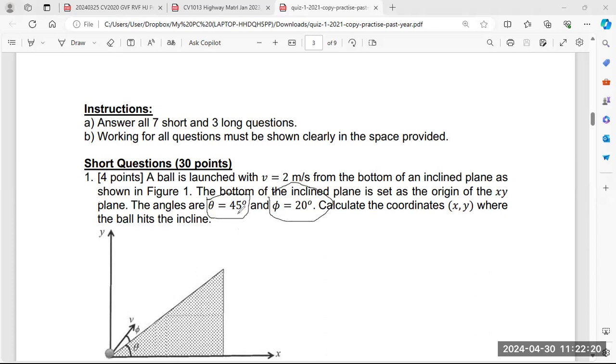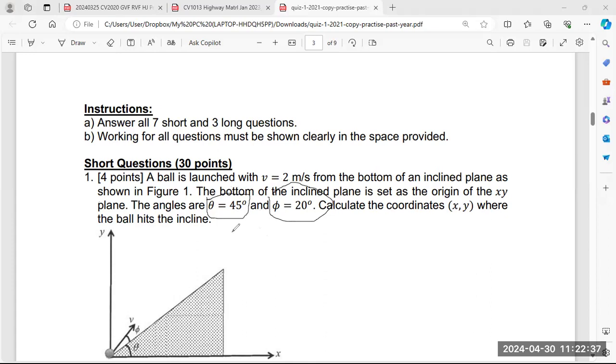So this is my tip so that you don't get confused. It's not only for physics, but for a lot of your modules, everything related to angles.